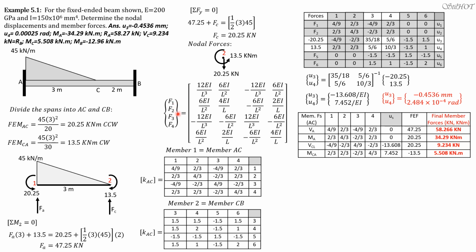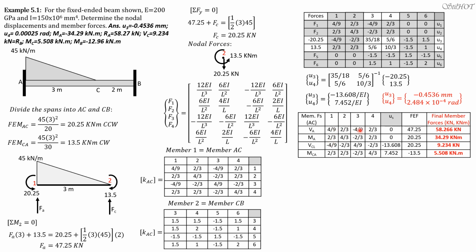You replace F1, F2, F3, F4 because that is for global and this is for individual member forces, so shear and moment for that element.